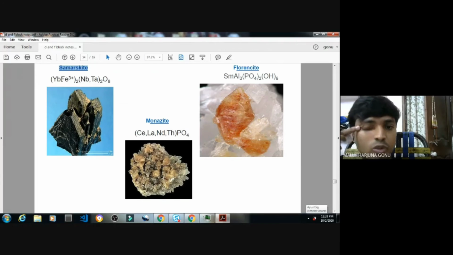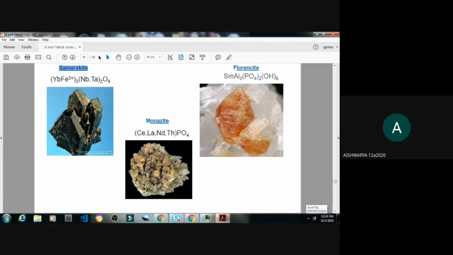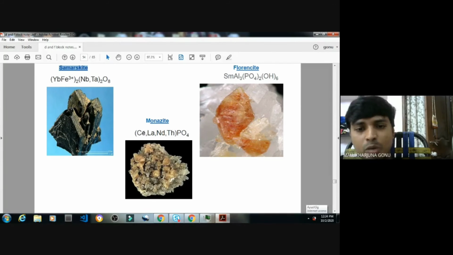In monazite, which one is present, Pooja? Aishwarya, which f block elements are present in monazite? La, sir. La and cerium also. Okay, cerium and lanthanum.